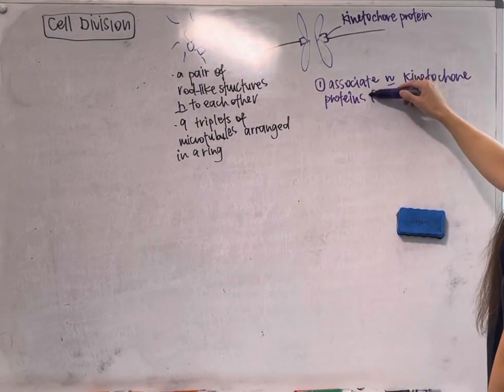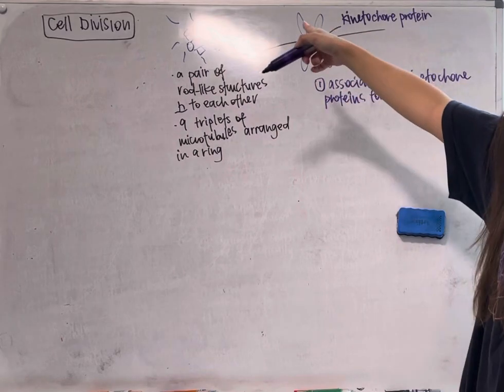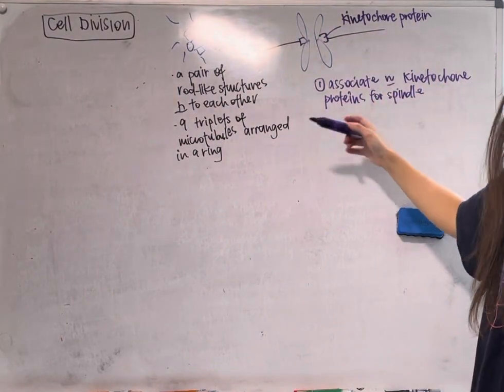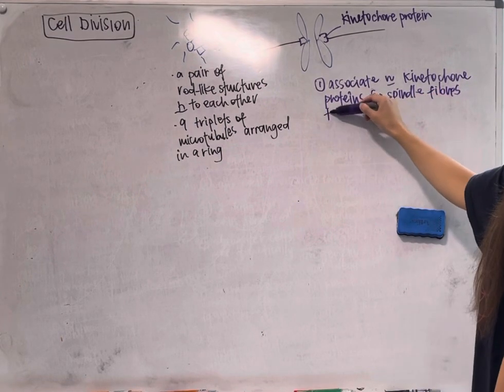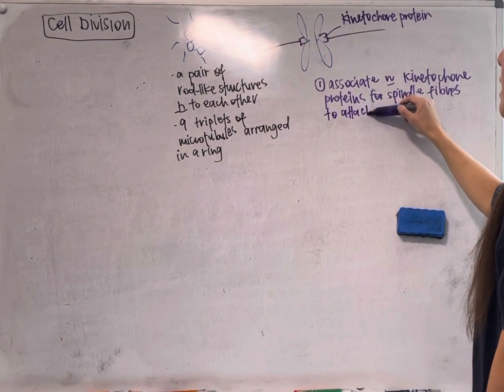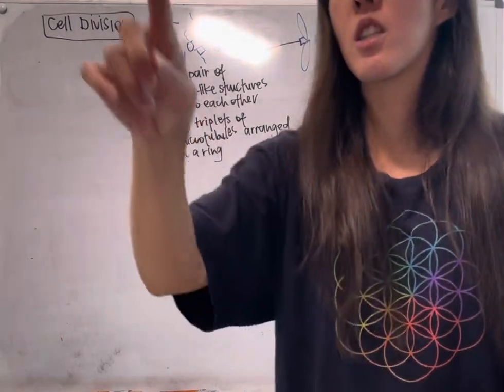Yes. I mentioned this time and time again already. If students just tell me centromeres associate with kinetochore proteins without telling me for spindle fibers to attach, no marks at all. So you must always say it's for spindle fibers to attach, it's compulsory.